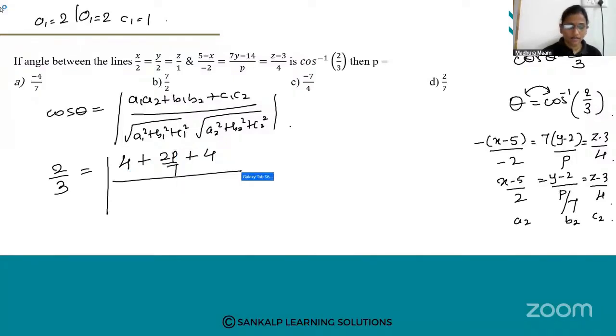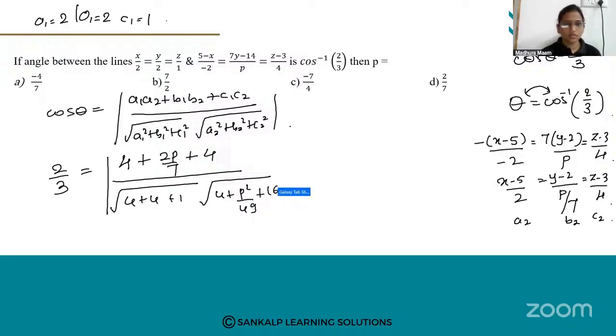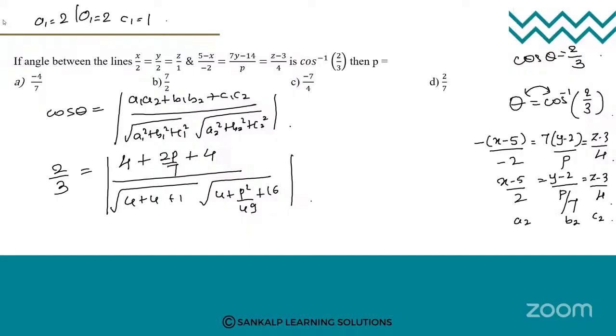Okay, so this is A1 square, that is 4, and here it is 4 plus p square by 49. Yes, so start solving this. Is the internet okay? Give me a second. Till then you can add this equation.